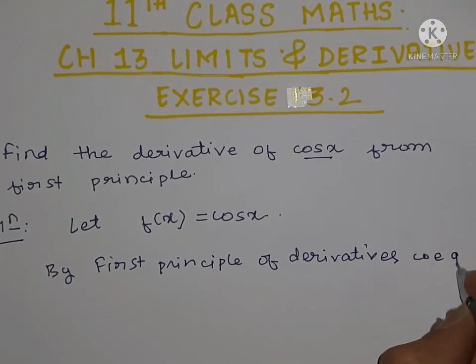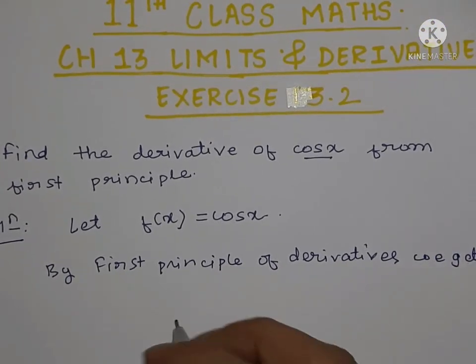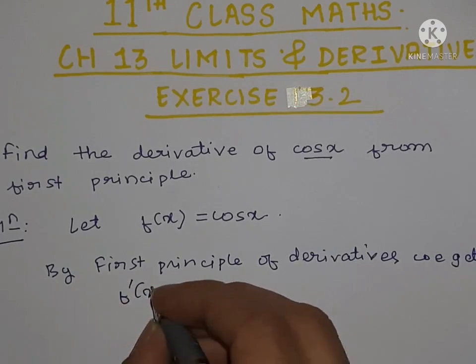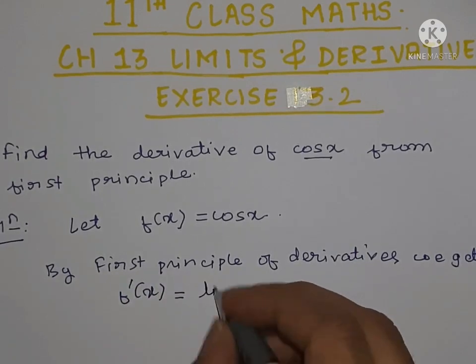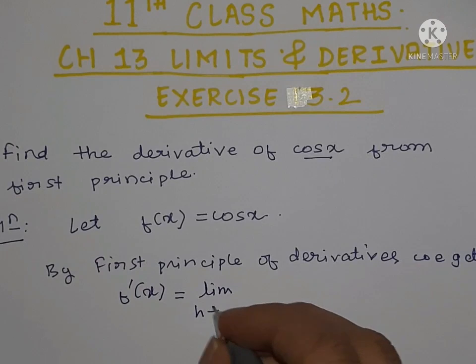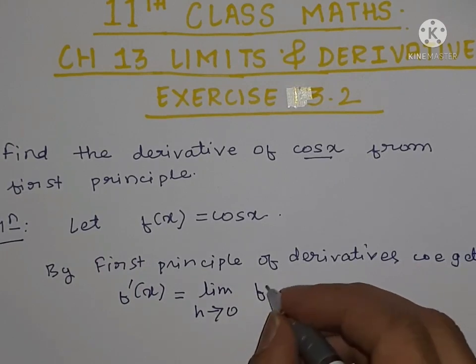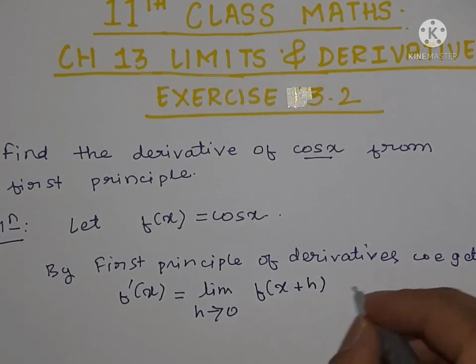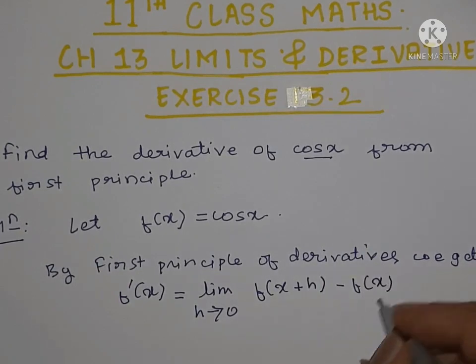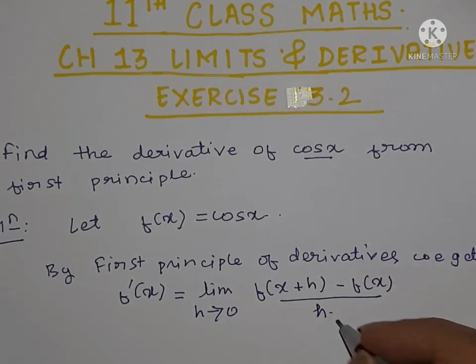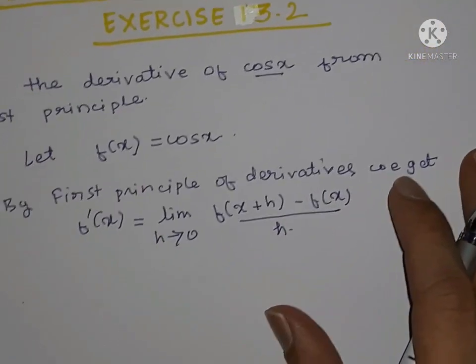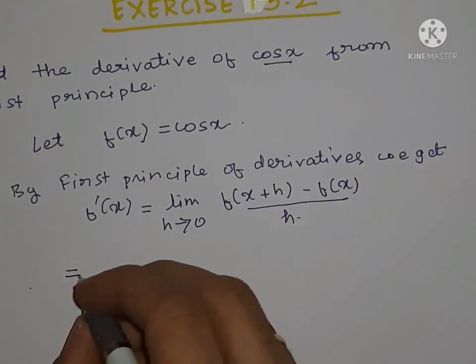We get f prime of x is equal to limit h tends to 0, f of x plus h minus f of x, divided by h. Okay.